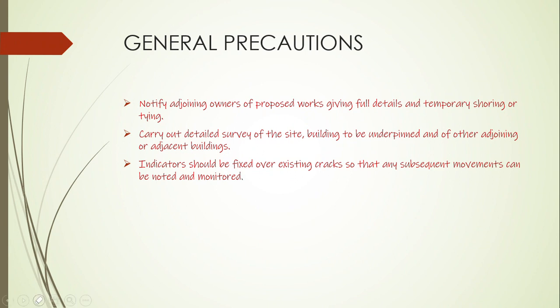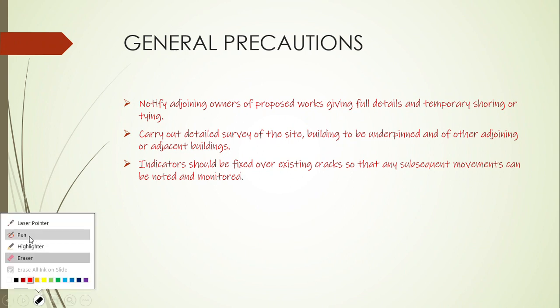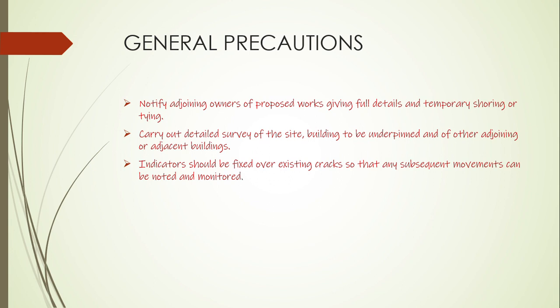Here we have general precautions to be taken before underpinning works commence. Number one, you have to notify adjoining owners of proposed works, giving full details and temporary shoring or time.